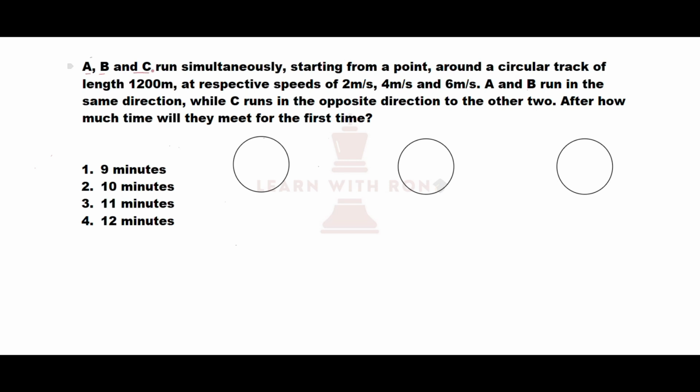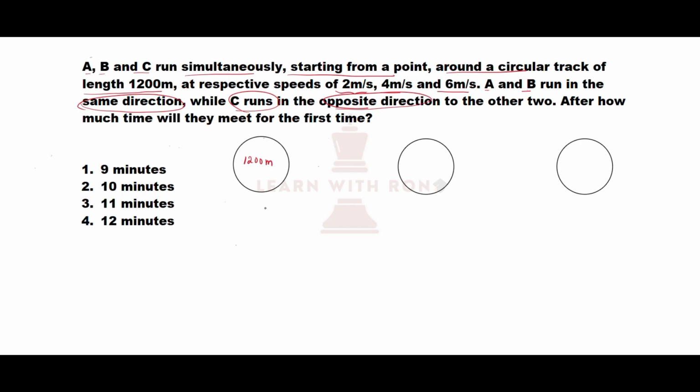A, B and C run simultaneously starting from a point around a circular track of length 1200 meters. Let's suppose this is the circular track of 1200 meters and they have given speeds as 2 meter per second, 4 meter per second, 6 meter per second, and A and B run in the same direction while C runs in opposite direction.